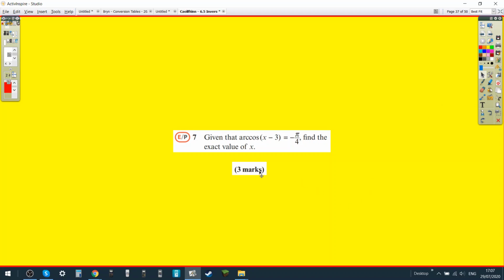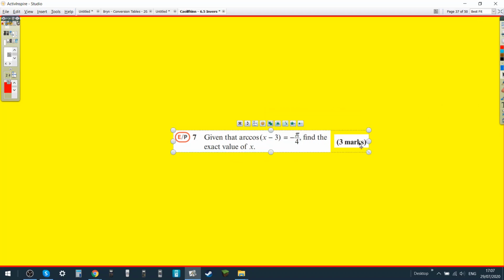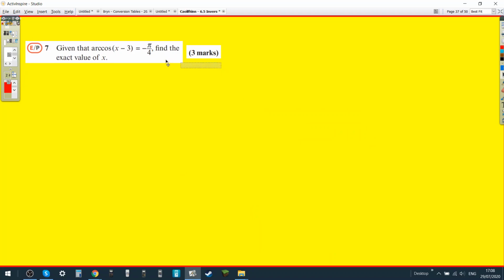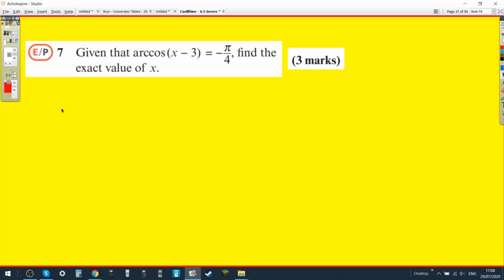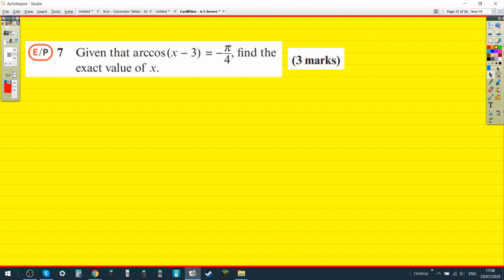Okay, let us try this. So that's like cos to the minus 1 of x minus 3. Mm-hmm.